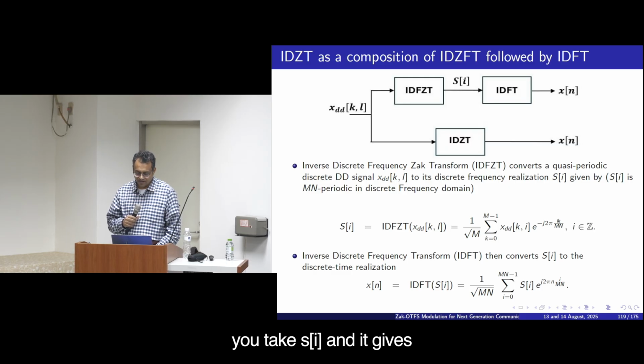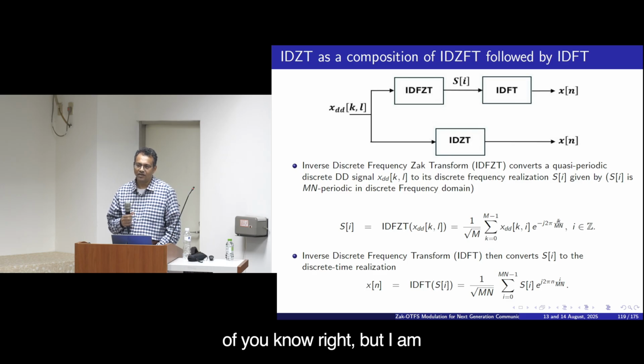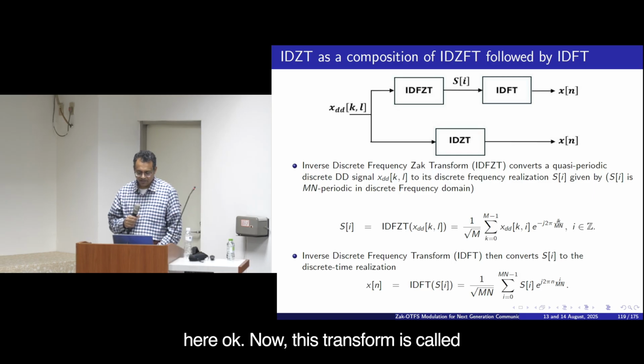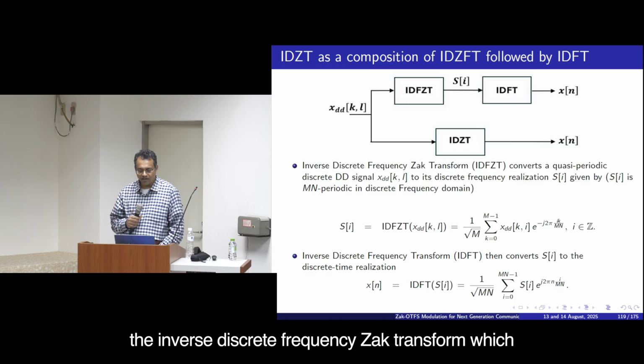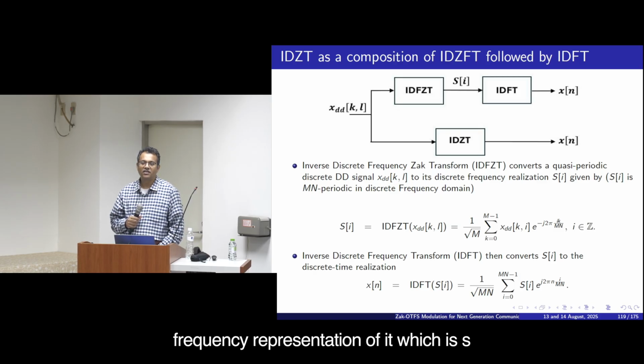You take S[i] and it gives you the discrete time signal. This all of you know, but I am going to fill in this missing block here. This transform is called the inverse discrete frequency ZAC transform, which takes as input your discrete DD signal and gives you the discrete frequency representation of it, which is S[i].